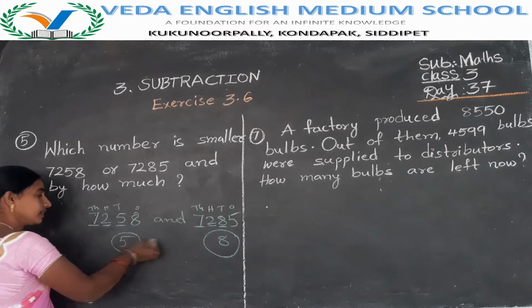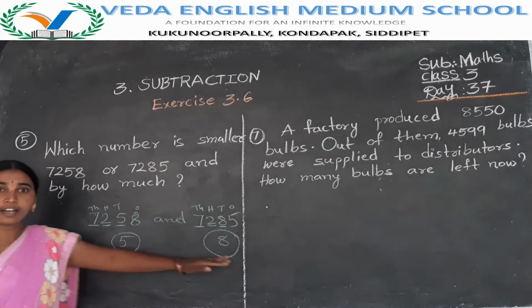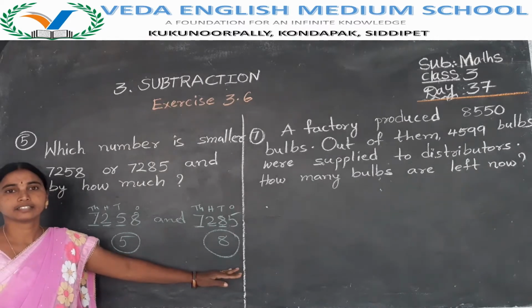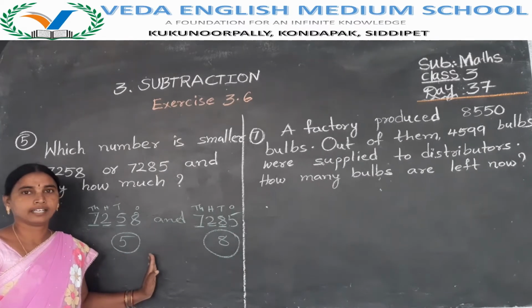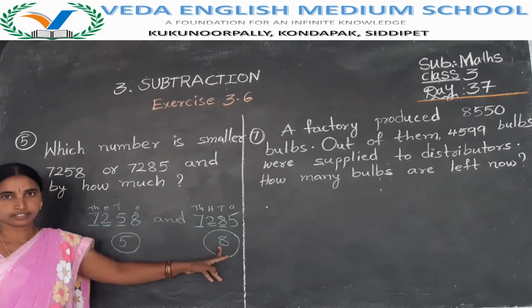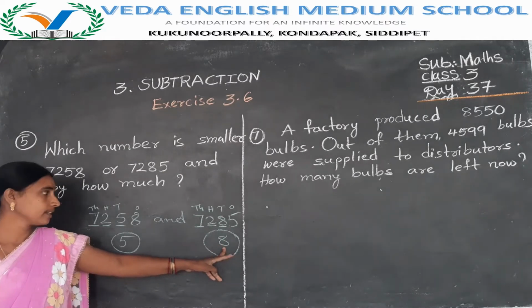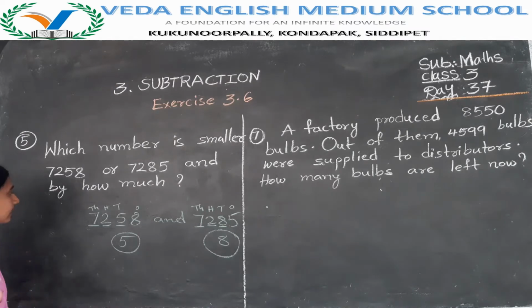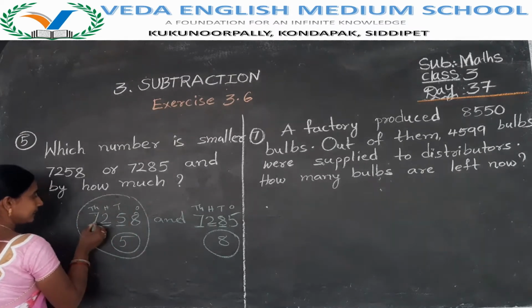Compare this. Which one is smaller, 5 or 8? 5 is smaller than 8. 8 is bigger here. So which number is smaller? The first number.